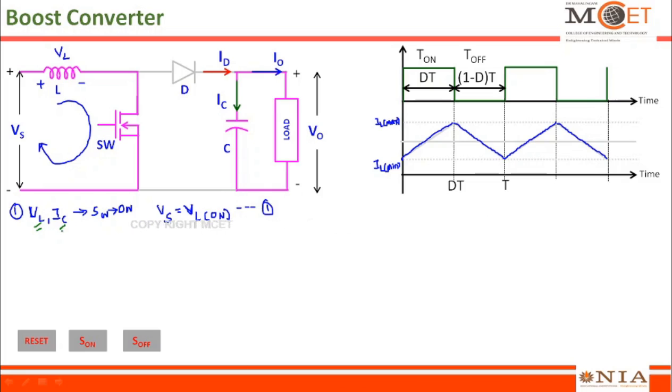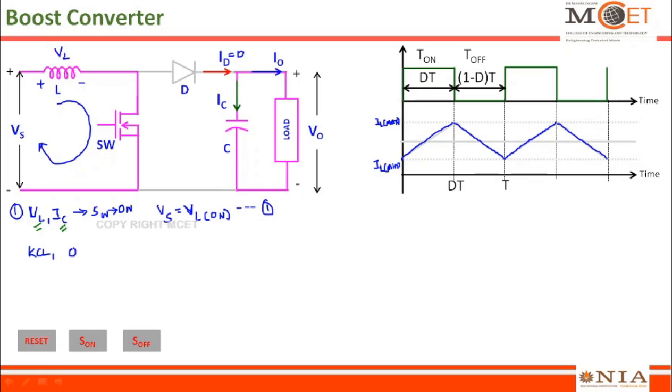Now I am going to look into the capacitor current when the switch is in on condition. To calculate the capacitor current, let me apply Kirchhoff's current law at this junction. The diode is in reverse biased condition when the switch is in on condition, so the current through the diode is equal to 0. So 0 is equal to IC plus I0, where IC is the capacitor current and I0 is the load current.